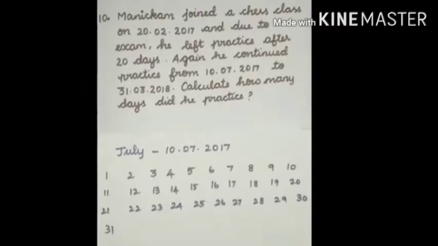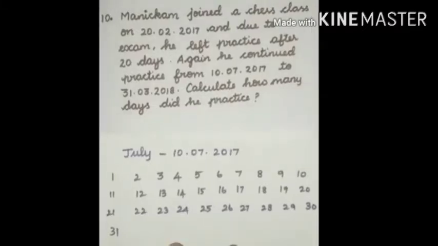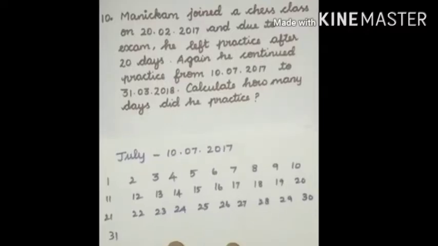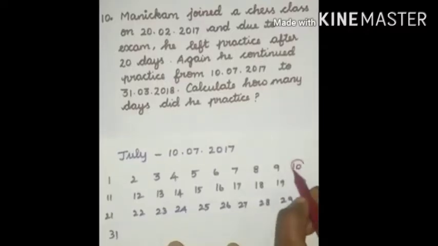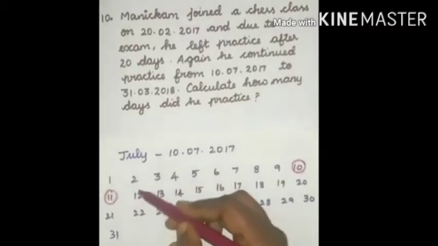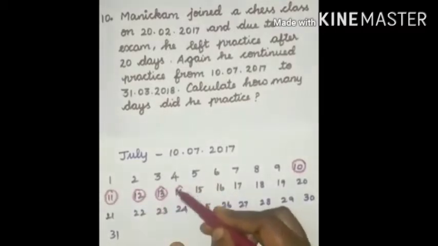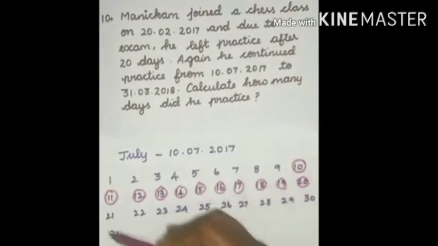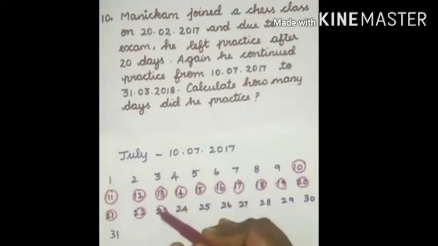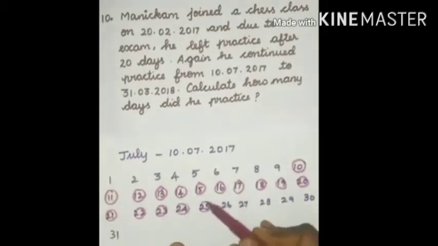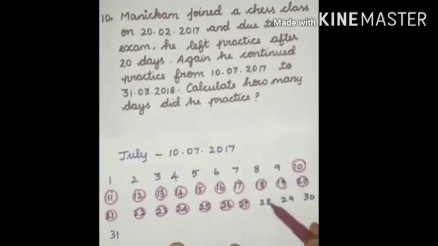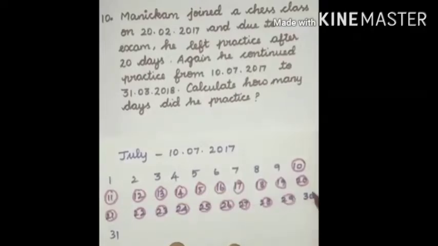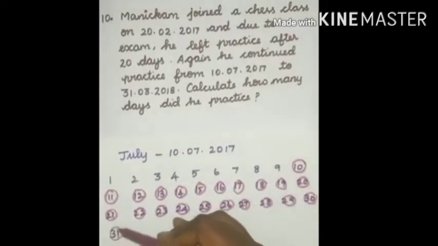First we have to find in July month how many days he practiced. In July month he started practice from 10. So 1, 2, 3, 4, 5, 6, 7, 8, 9, 10, 11, 12, 13, 14, 15, 16, 17, 18, 19, 20, 21, 22.